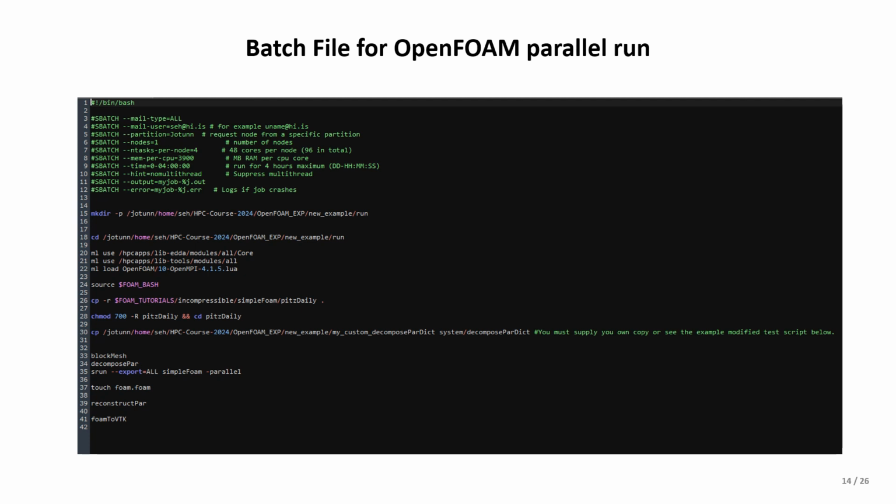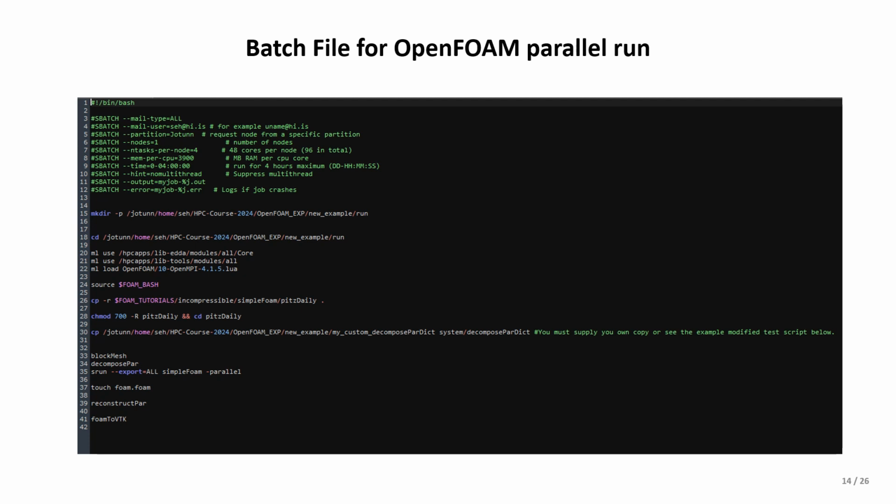Then one important thing is the decomposePar setup, which here we are doing. You need to specify the method. We said we have simple, hierarchical, scotch, and manual. When you specify the method, you also need to write the number of subdomains.